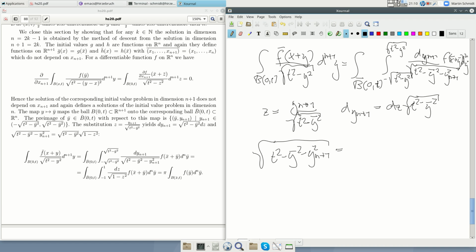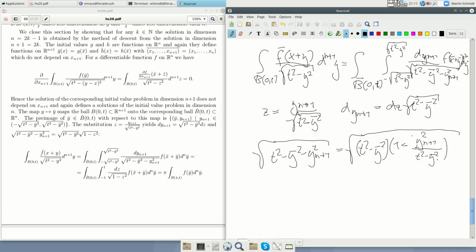I claim this is clearly square root of t square minus y bar square times square root of 1 minus yn+1 square over t square minus y bar square, because if we multiply this, then we get this t square minus y bar square minus this term.